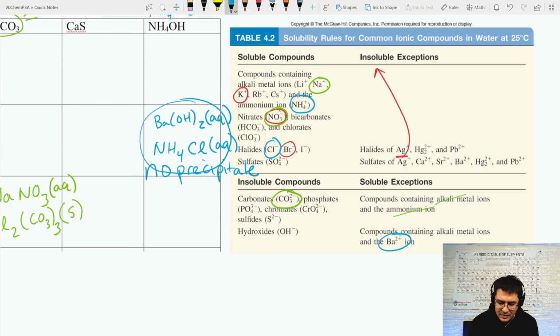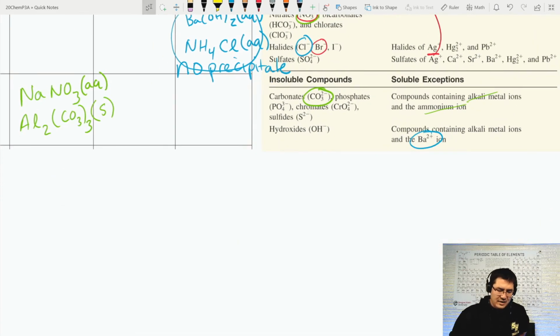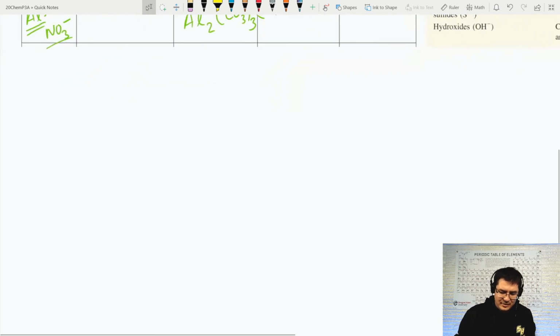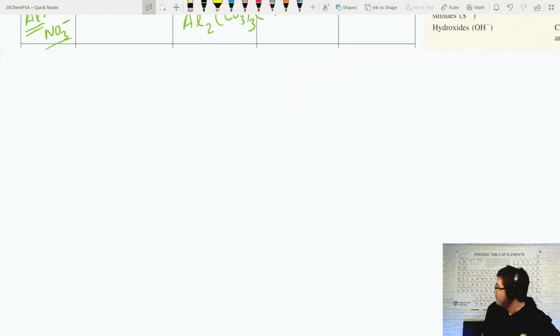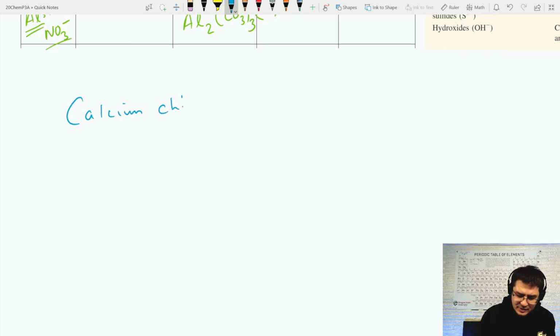Okay, let me try. I'm going to do two more word problems and then you guys can try the assignment. Let's pick a metal we haven't really worked with yet. Let's do calcium. I'm going to write them out.